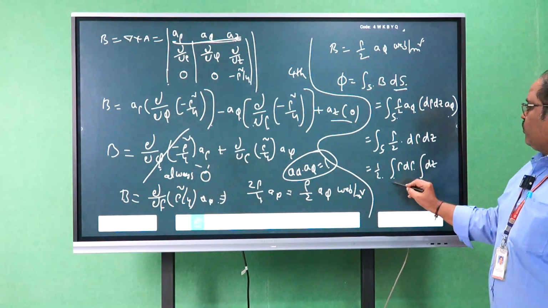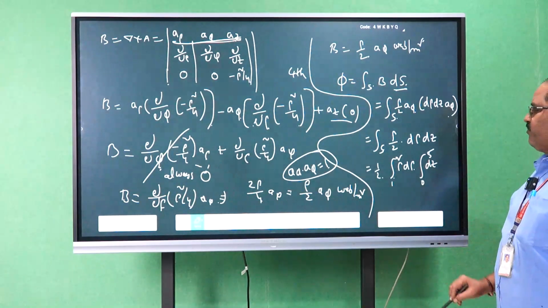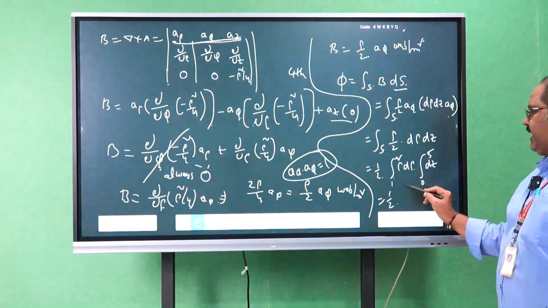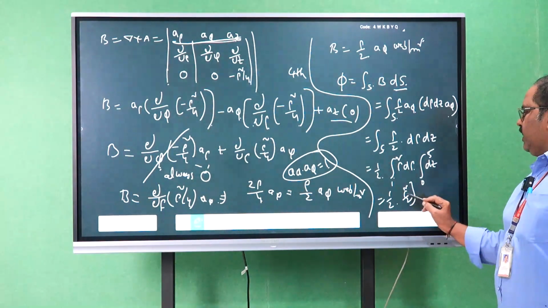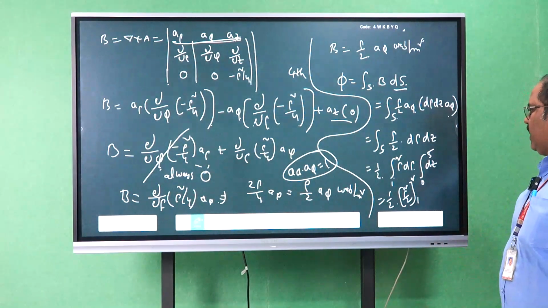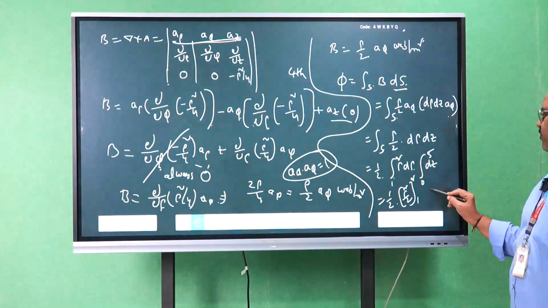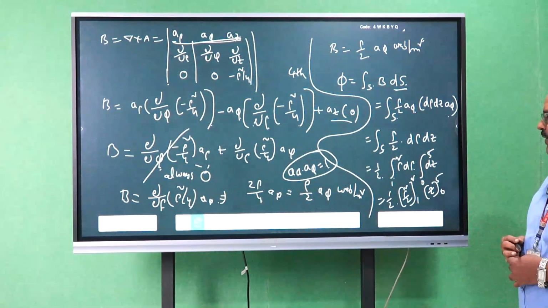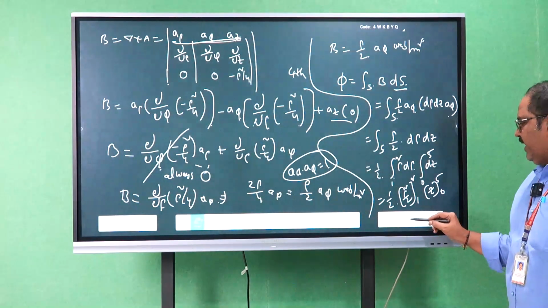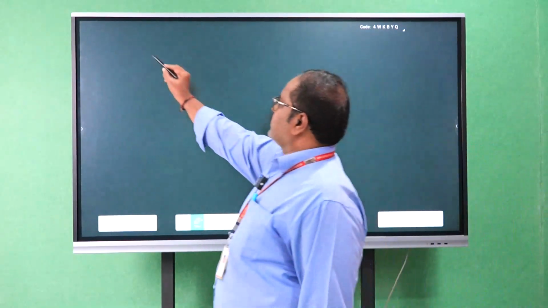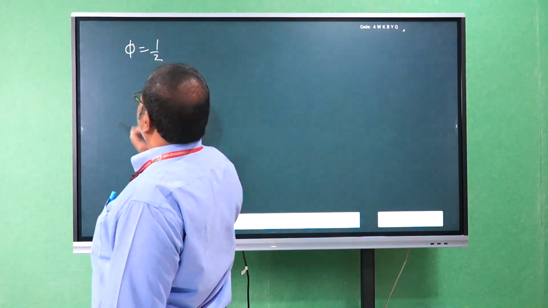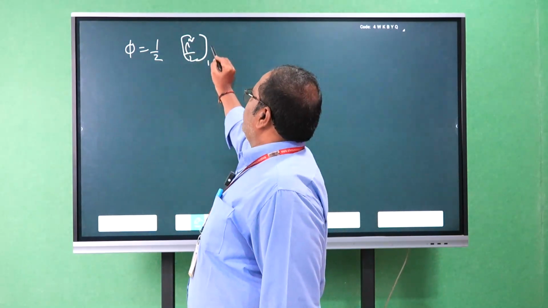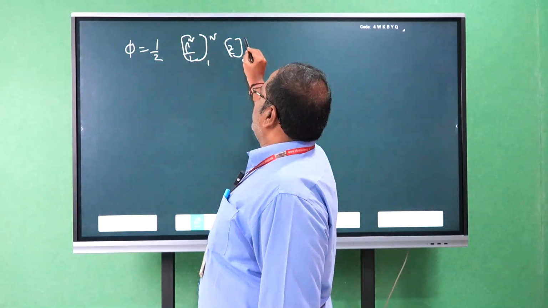We have to integrate rho square by 2, upper limit 2, lower limit 1, and dz gives z, upper limit 5, lower limit 0. Substituting, phi is equal to 1 by 2 times rho square by 2 from 1 to 2 times z from 0 to 5.